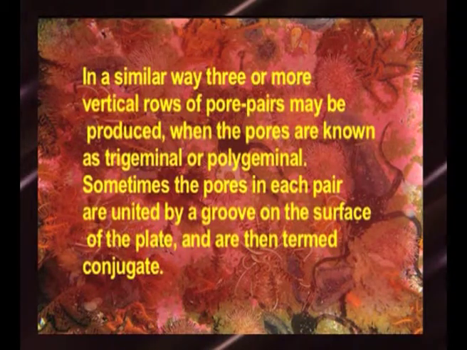And the pores are said to be bigeminal or biserial. In a similar way, 3 or more vertical rows of pore pairs may be produced. The pores are then known as trigeminal or polygeminal. Sometimes the pores in each pair are united by a groove on the surface of the plate and are then termed conjugate.